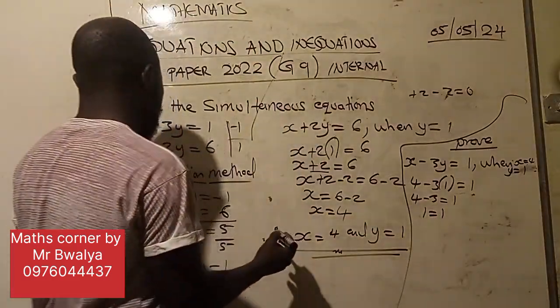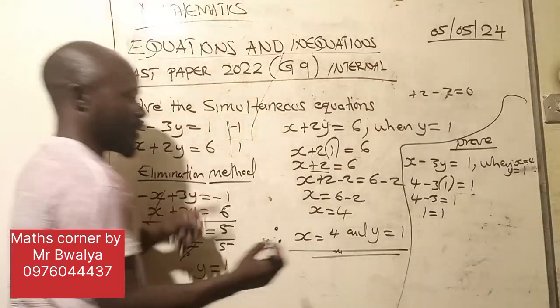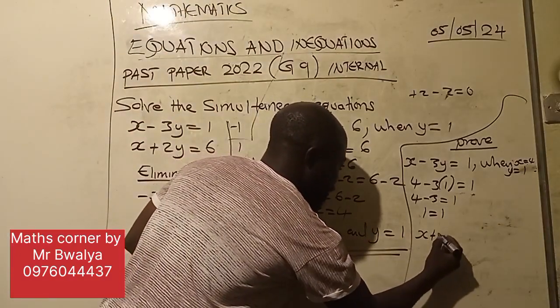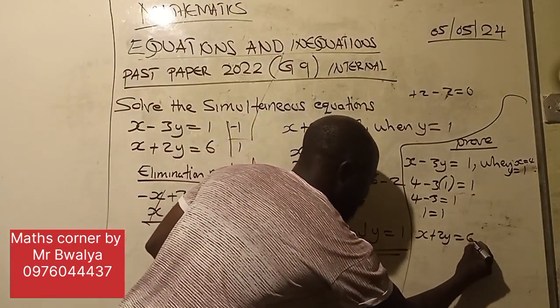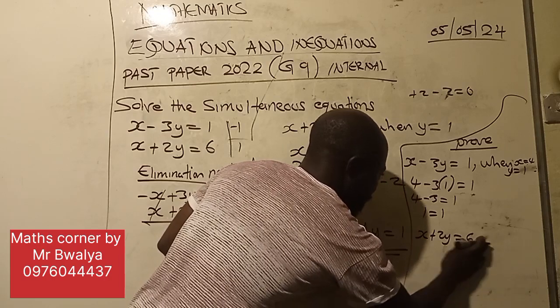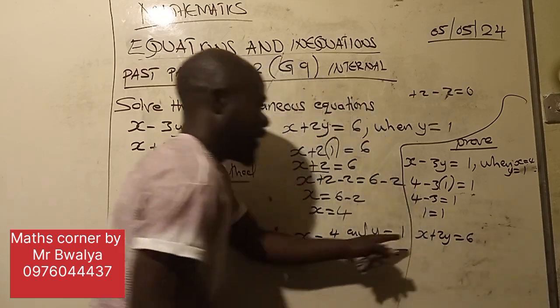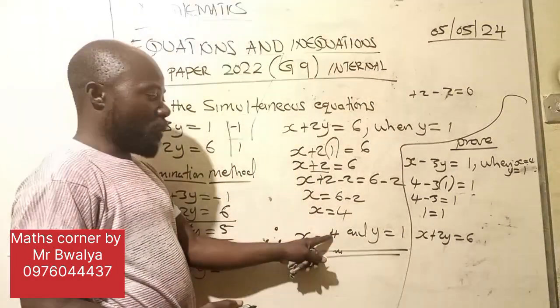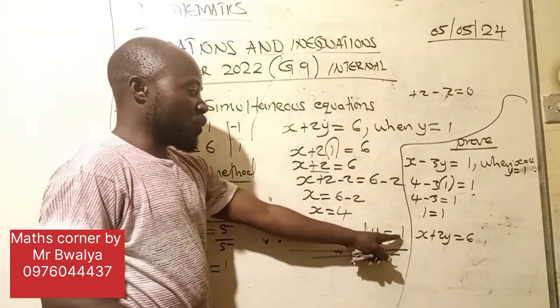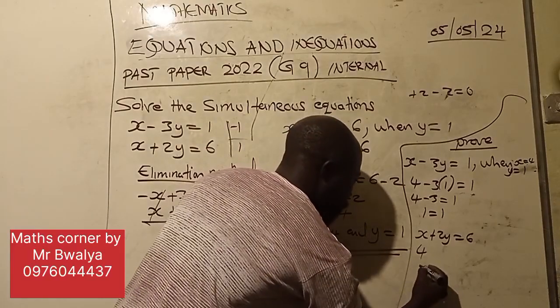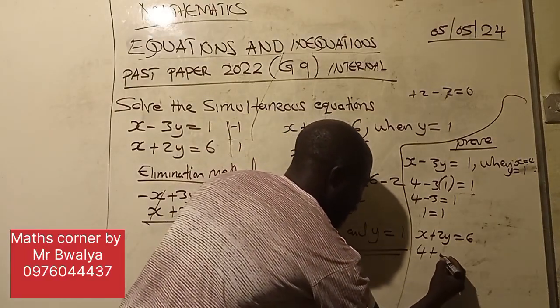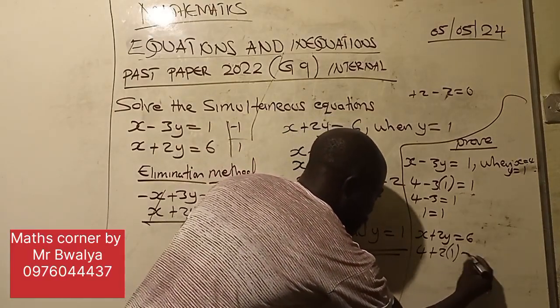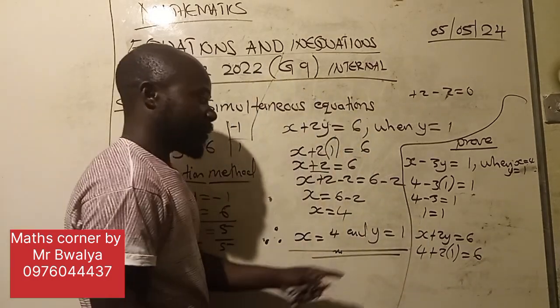Equation 2, which is x plus 2y is equal to 6. Therefore, where there's x, we are going to replace with 4, and where there's y, we are going to replace with 1. So we say 4 plus 2 open bracket 1 close bracket is equal to 6.